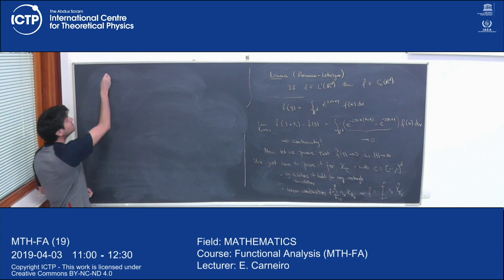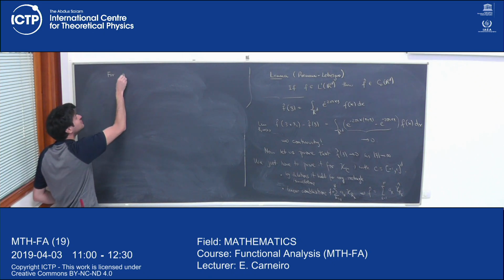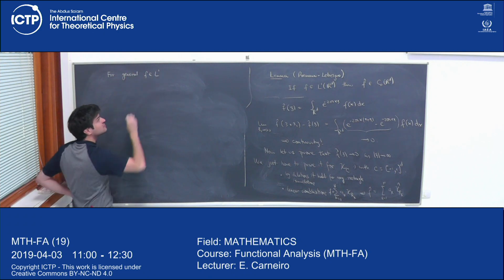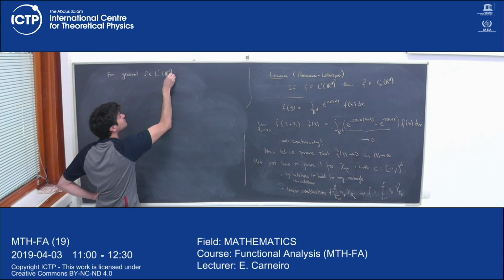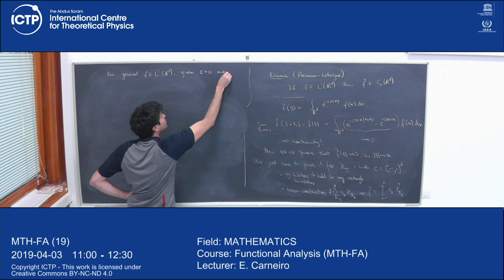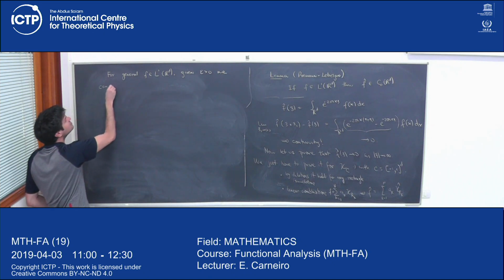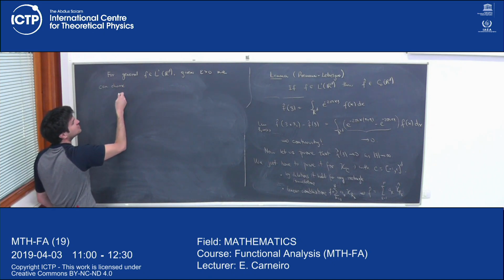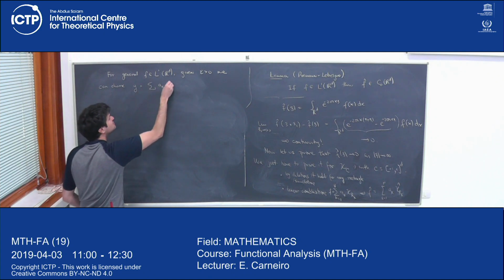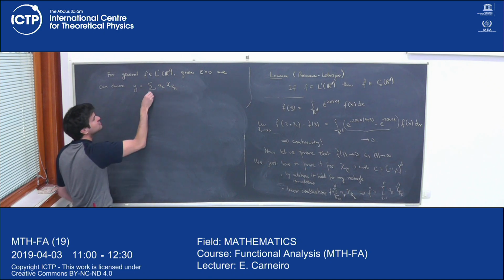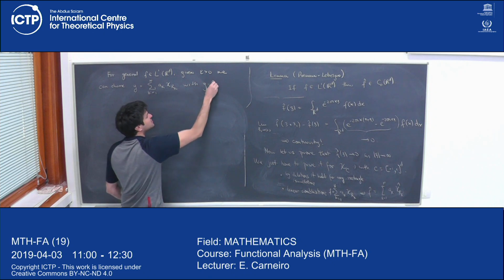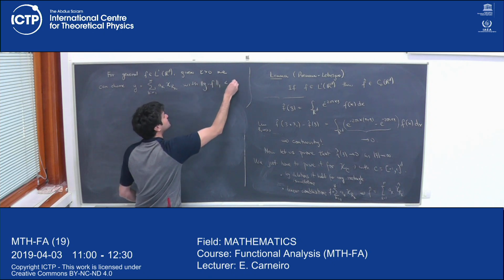So the idea is now, for general f in L1 of R^d, given epsilon bigger than 0, we can choose a certain g, which is just a finite sum of characteristic functions of rectangles, with the L1 norm of g minus f less than, say, epsilon over 2.